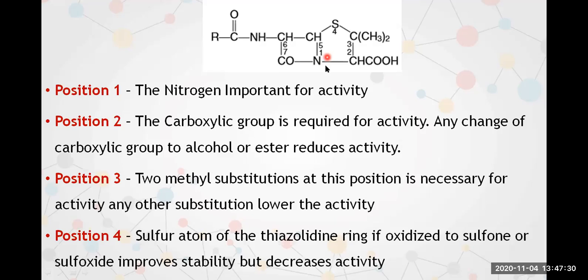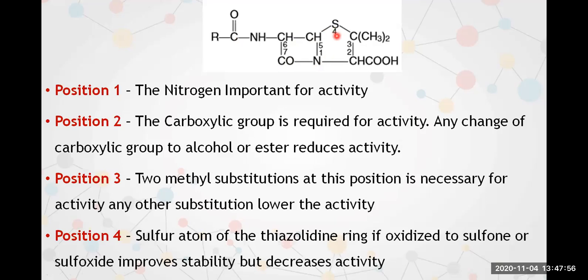Which stability? Mainly the beta lactamase stability, because it is away from the amide linkage. You can see here both the amides are quite away from the sulfur group. So changing the sulfur to the sulfone and sulfoxide will improve the beta lactamase stability.